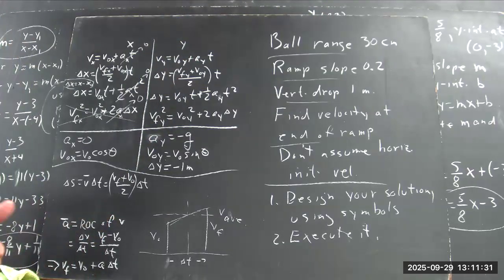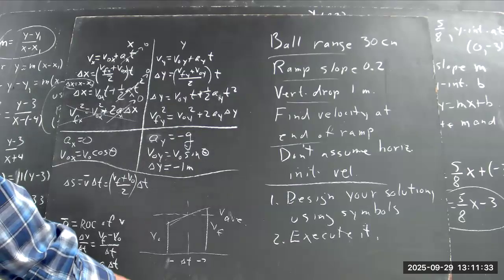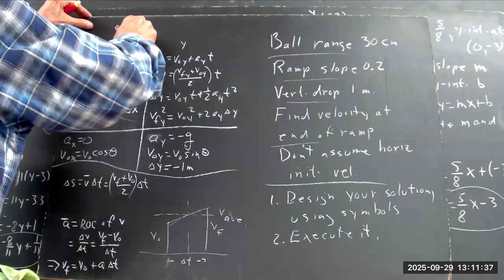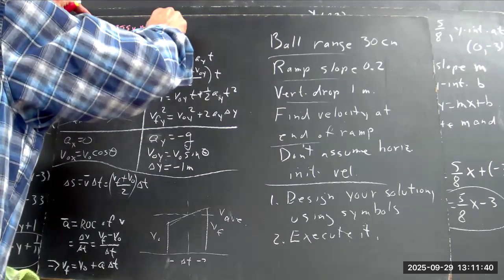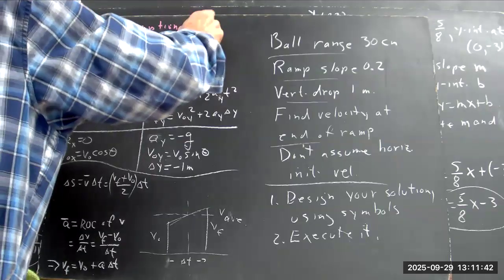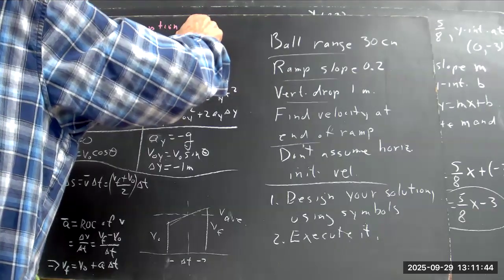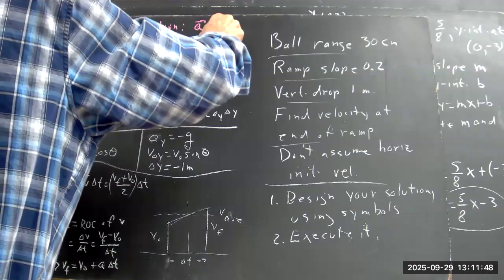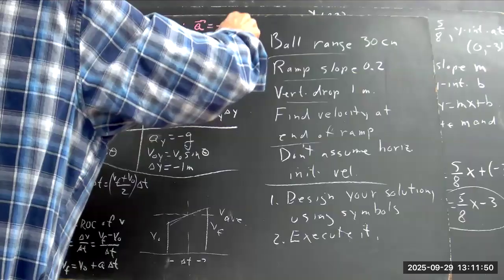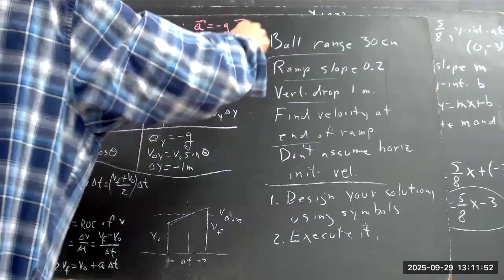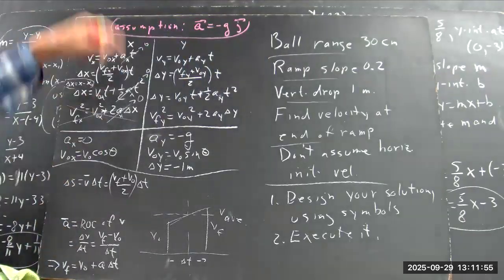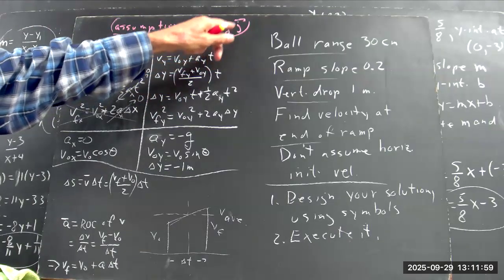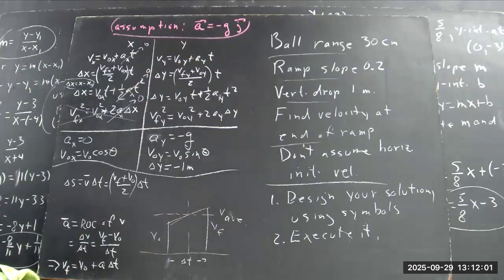Okay. So let's just kind of write that down. I'll write it in vector form. Assuming the y direction is vertical, acceleration is negative g times the j vector.